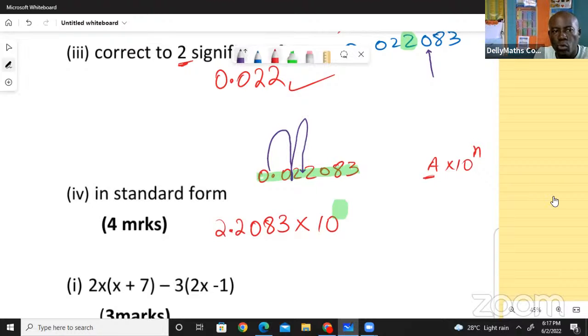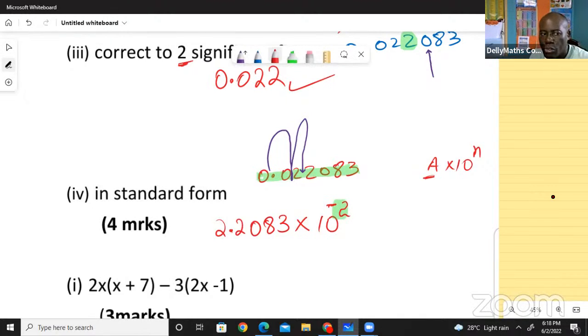Because it moved 2 places to get there, this will be a 2, but it could be a positive 2 as well as a negative 2. Now, if the original number is a 0 point something number, the power is negative. Because this original number was a 0 point, the power must be negative.